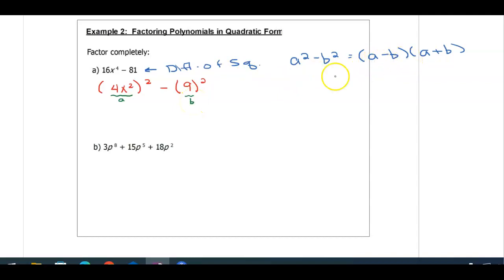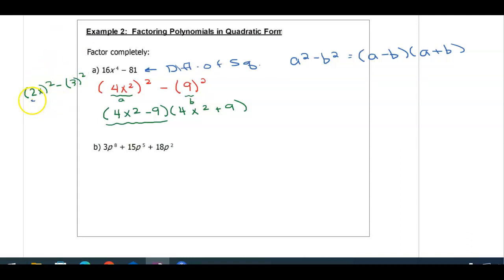So when I put it into A minus B, A plus B, what we'd get is 4x squared minus 9 and 4x squared plus 9. Now notice this here is also a difference of squares, because this can be written as 2x squared minus 3 squared.